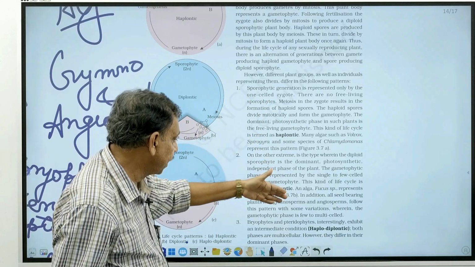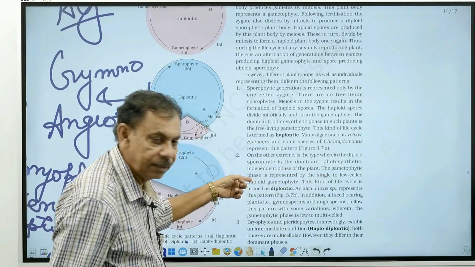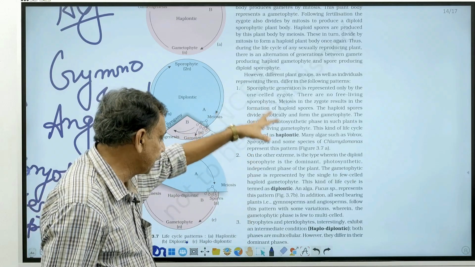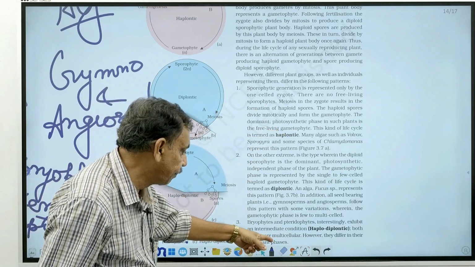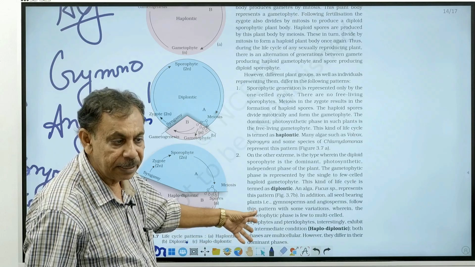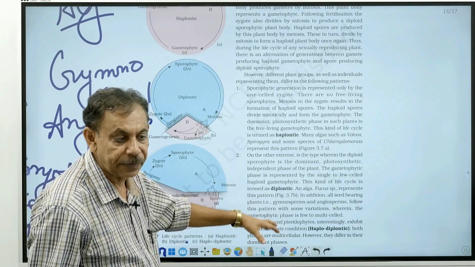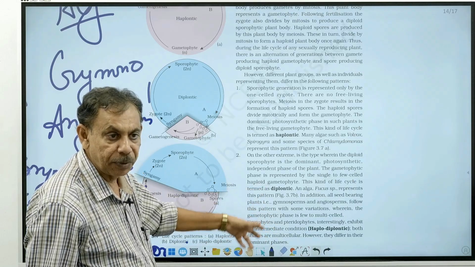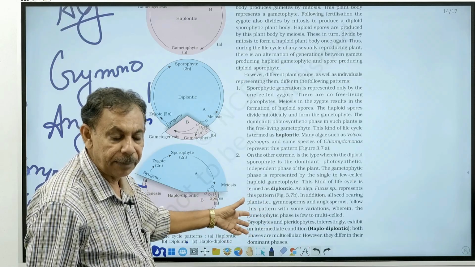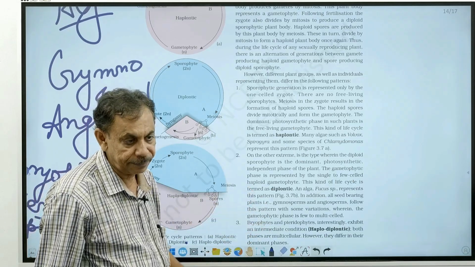Diplontic: the gametophytic generation is highly reduced, the sporophyte dominant. This is haplodiplontic. The sporophyte is multicellular, highly developed in pteridophytes. In bryophytes, the sporophyte depends upon the gametophyte. The gametophyte is the dominant stage. That's all.